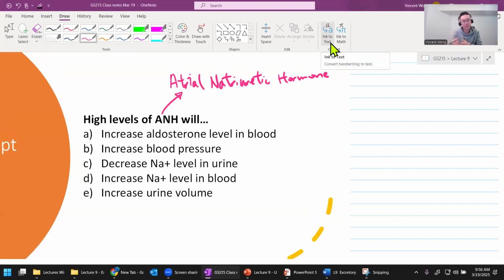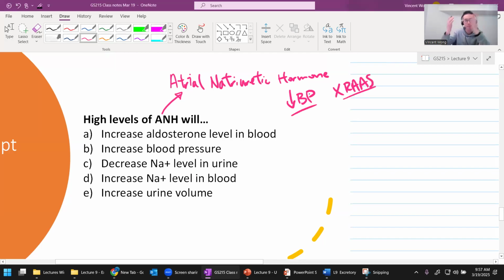Peptide or hormone, the same thing. So high levels of ANH, what will it do? First of all, you gotta know ANH for the test. What does it do? ANH is responsible for bringing BP down, and it's going to be counteracting RAS. That's what I'm going to write down to help jog my memory.